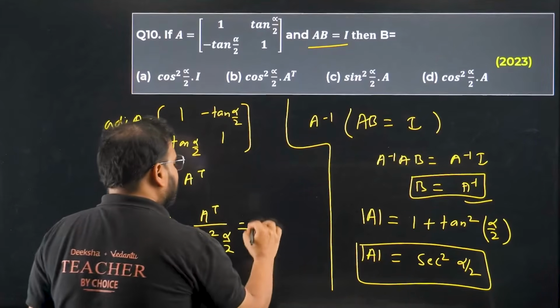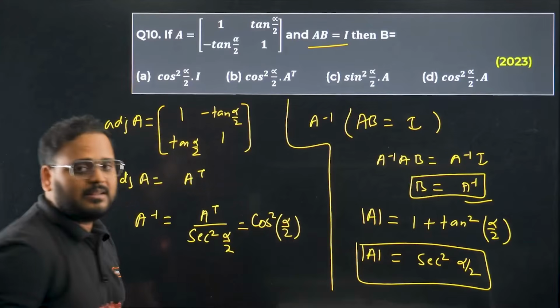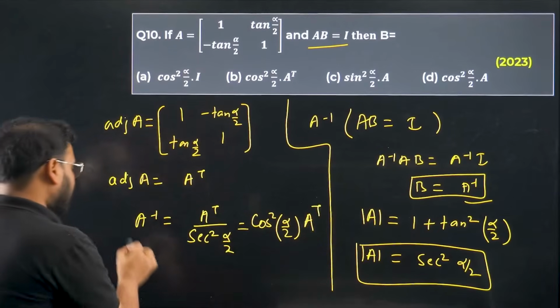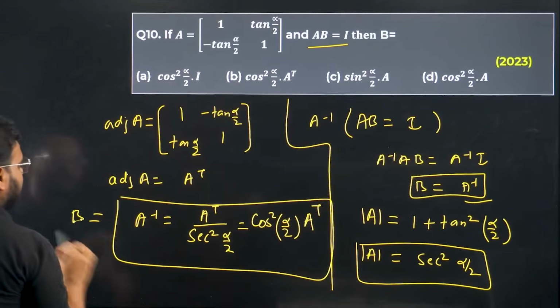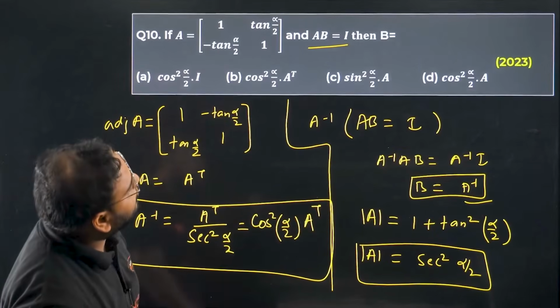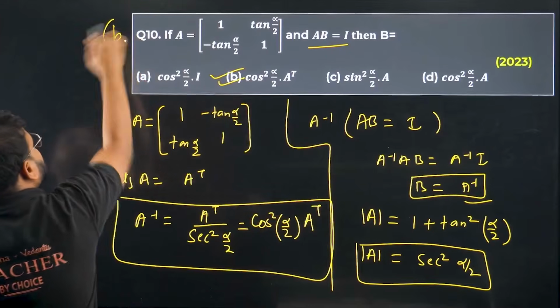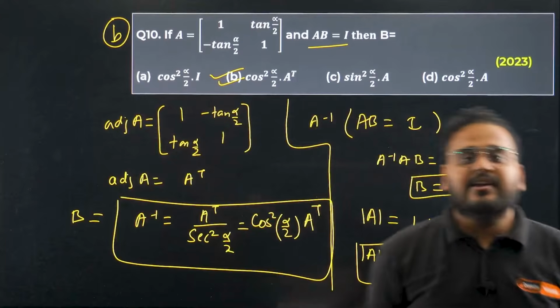So I'll have here numerator as cos square alpha by 2 times A transpose. A transpose is the value of A inverse, which is nothing but the value of simply B. Answer is option number B: cos square alpha by 2 times A transpose.